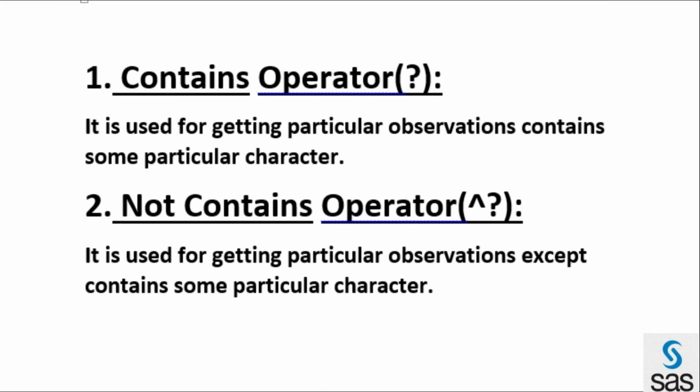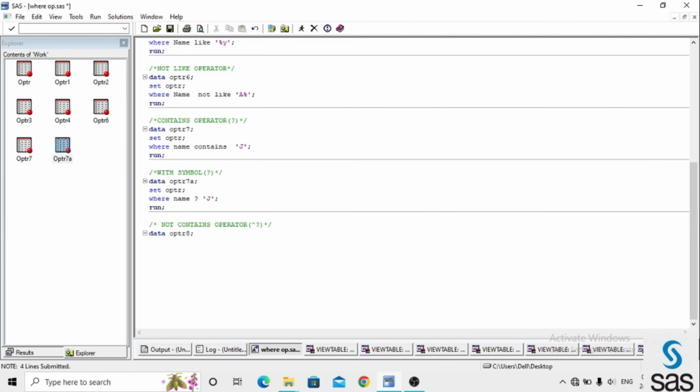Now the sixth one is the not contains operator. The use of the not contains operator is for getting particular observations except those with some particular character. Got it? Then what is the code? Here operator 8, I gave the dataset name, and where is a statement, name is a variable, not contains is an operator, and y.